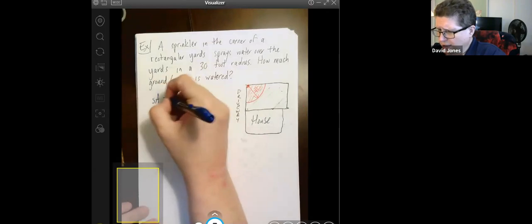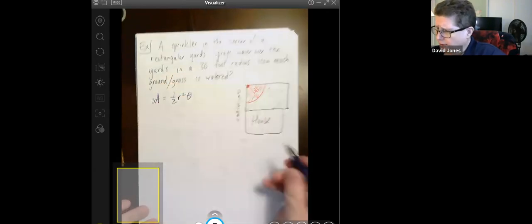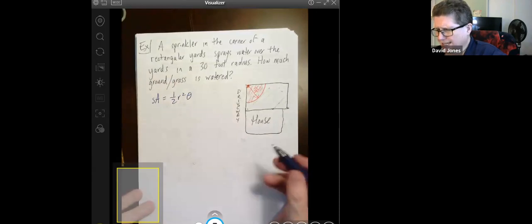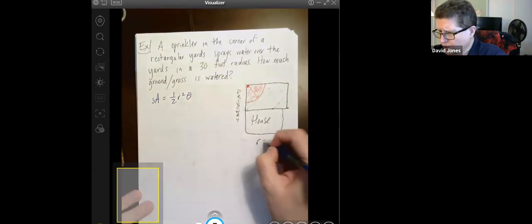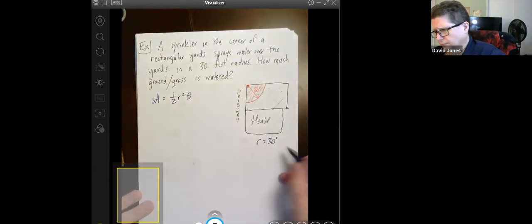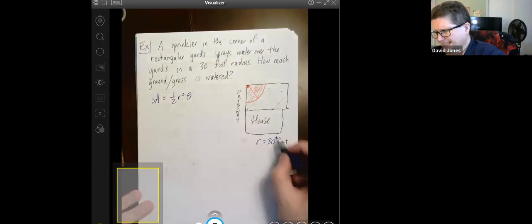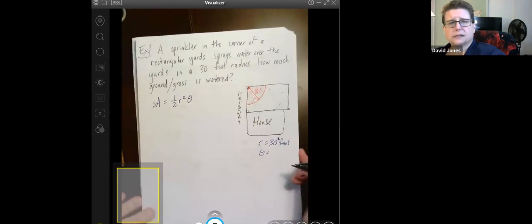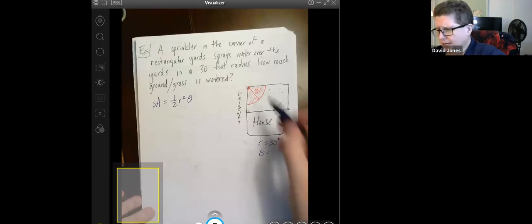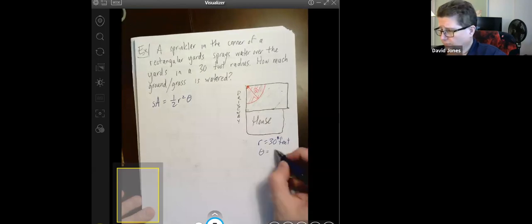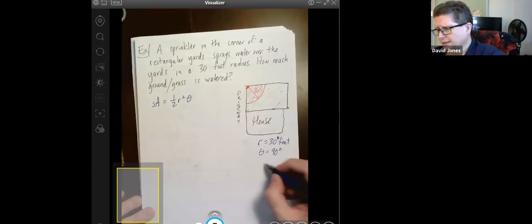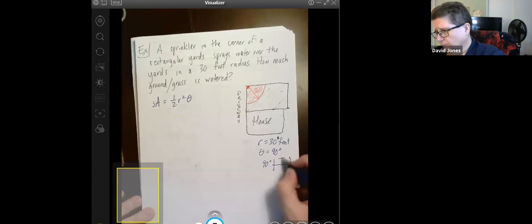So the area of a sector is 1/2 r squared theta. What is theta here? We have r, right? R is given to us at 30 feet. What's theta? It looks like a quarter of a circle, which is 90 degrees. But we don't want 90 degrees. Theta is pi over 2. And we did that earlier.